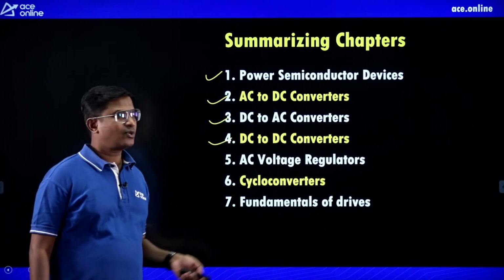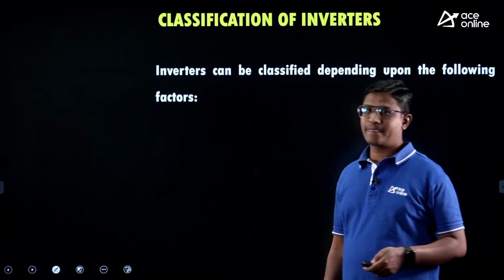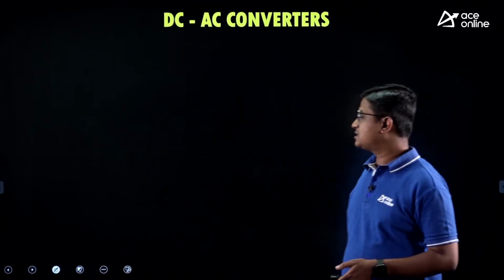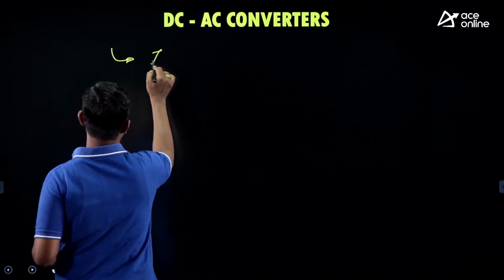Now we are going to discuss DC to AC converters. A DC to AC converter is the circuitry which gives fixed DC to variable AC.